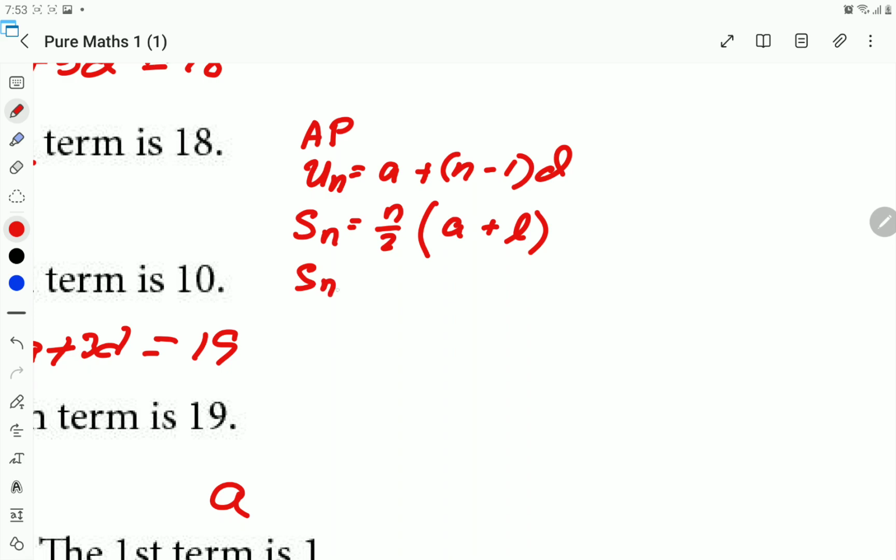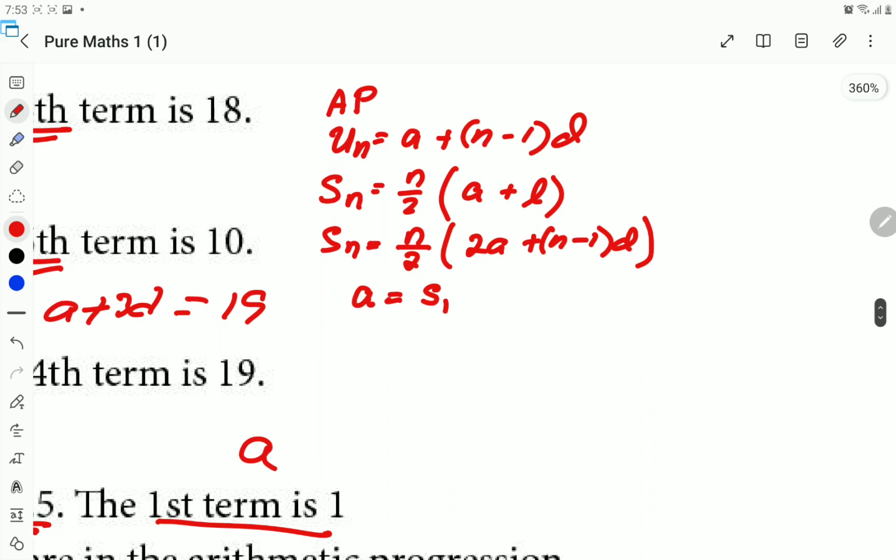We have learned also that the sum of n is n over 2 times (2a plus (n minus 1) times d). Okay? And the first term is the same as the sum of 1, series 1. And the d is equal to the second term minus the first term, or it can also be taken from u3 minus u2.